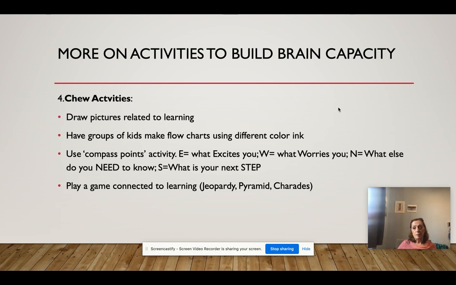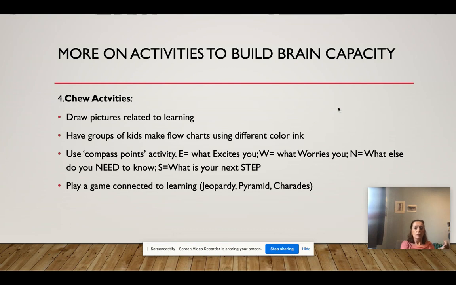You can use compass points, and this is an activity that I got out of a good book, and I'll talk about books in a minute, Making Thinking Visible. You can either talk this through in groups, or you can have flowcharts around the room. E, what excites me about this learning.